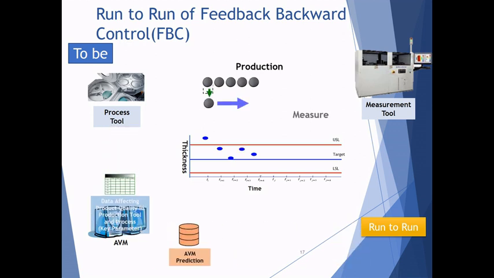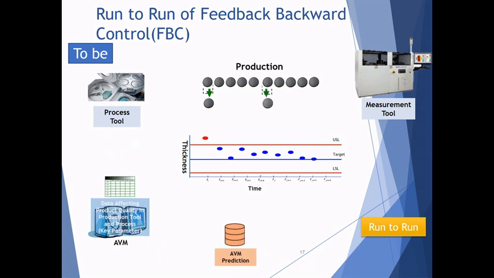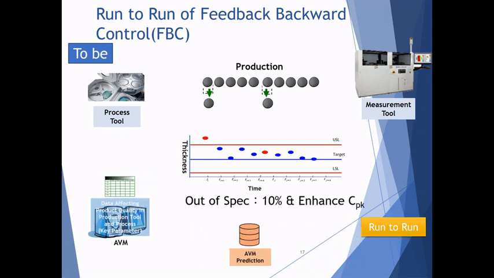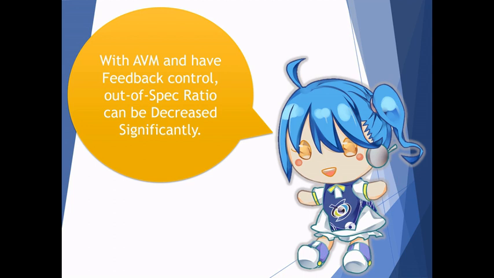If the user integrates AVM with a run-to-run system, AVM can pass the quality information of every wafer to run-to-run for recipe adjusting, which not only decreases the OS ratio, but enhances CPK. With AVM and feedback control, the OS ratio can be decreased significantly.